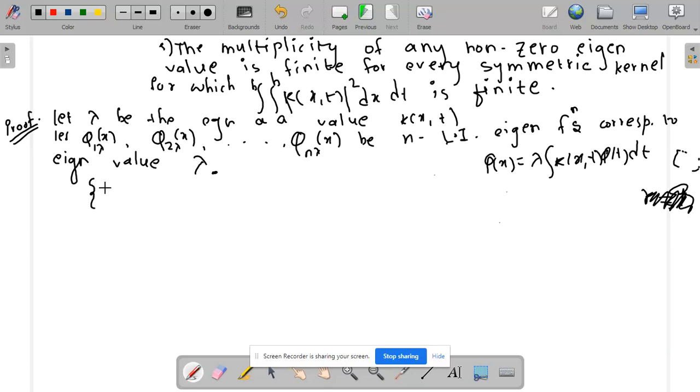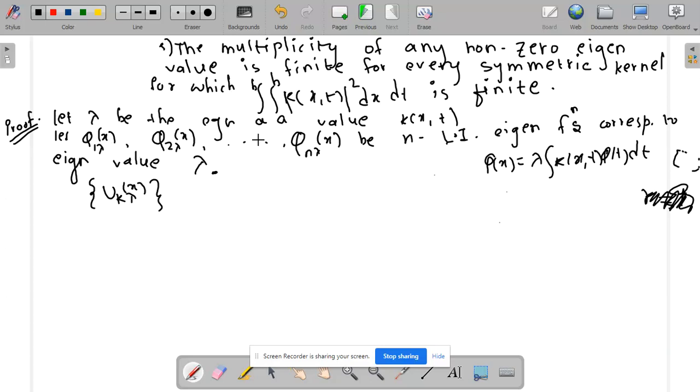Let us call those functions u_k lambda x, k going from 1, 2, 3 till n. Corresponding to this set, I can create one more set such that these functions will be orthonormal to each other, and this can be done by using the Gram-Schmidt orthonormalization process, which you study in linear algebra.